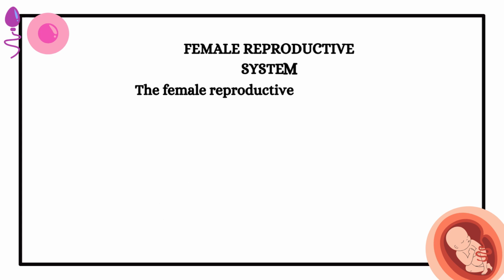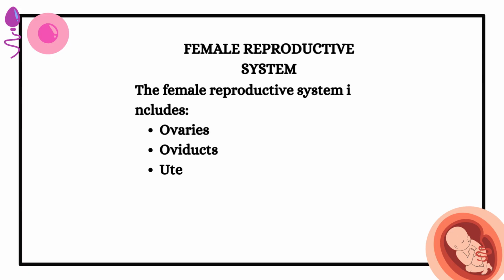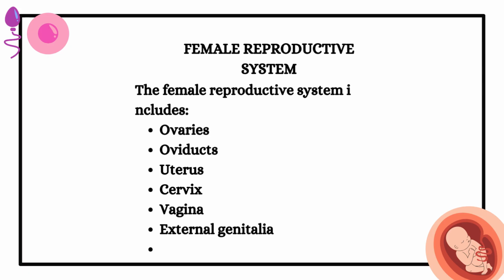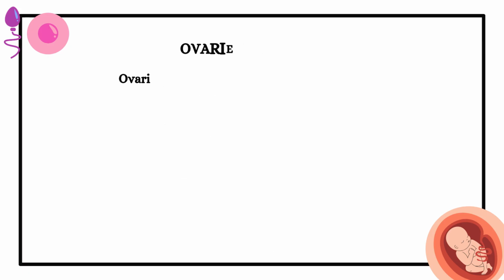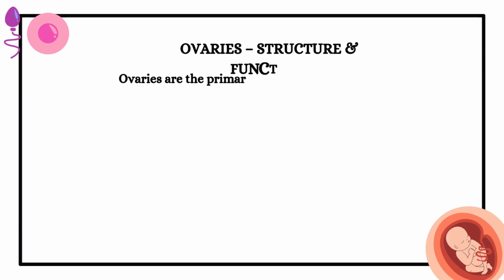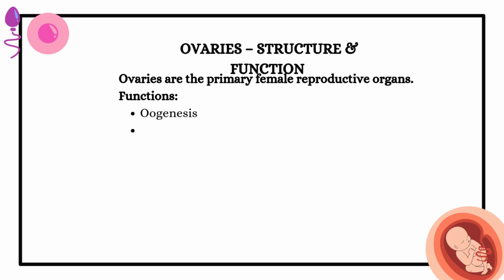Female reproductive system. The female reproductive system includes ovaries, oviducts, uterus, cervix, vagina, external genitalia, and mammary glands. Ovary, structure and function. Ovaries are the primary female reproductive organs. Their functions include oogenesis and hormone secretion.